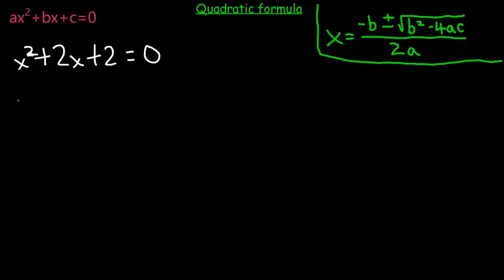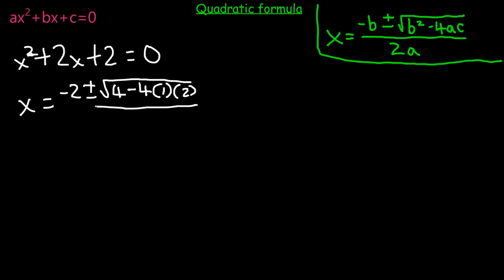Substituting these values into the quadratic formula, we have x is equal to negative b, which is minus 2, plus or minus the square root of b squared, which is 4, minus 4 multiplied by a, which is 1, multiplied by c, which is 2. All divided by 2 times a is 1, so just 2.